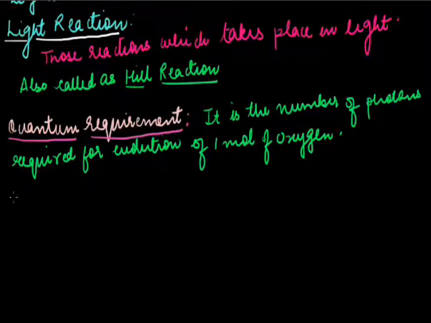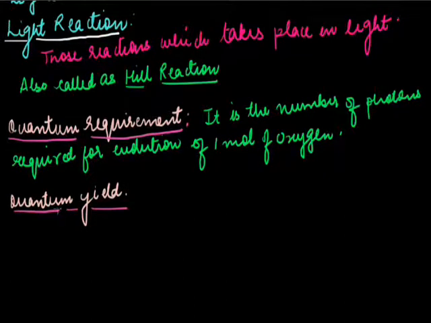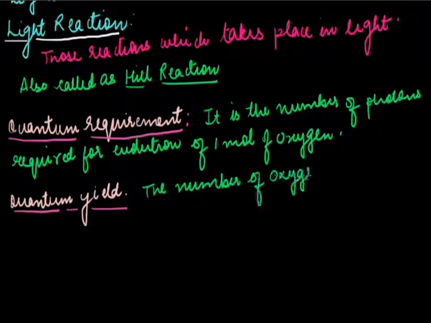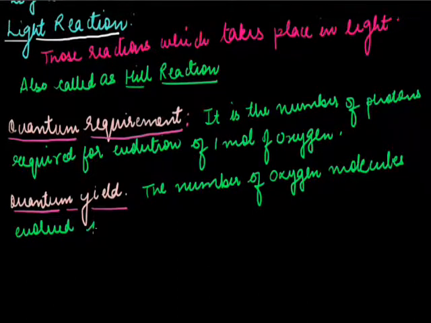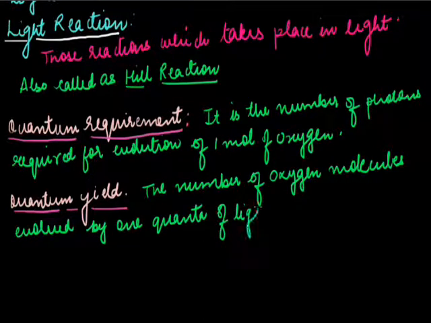Next term is quantum yield. What is quantum yield? The number of oxygen molecules evolved by 1 quanta of light in photosynthesis is called quantum yield.